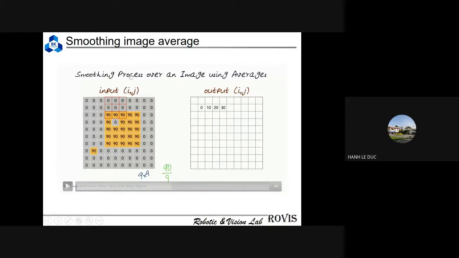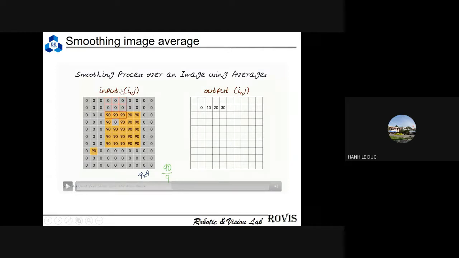Okay, here this is the application of the blur image. Here you can see it, because we have the zero value here, right? It makes the image have a hole here, and this one is a noise, right?